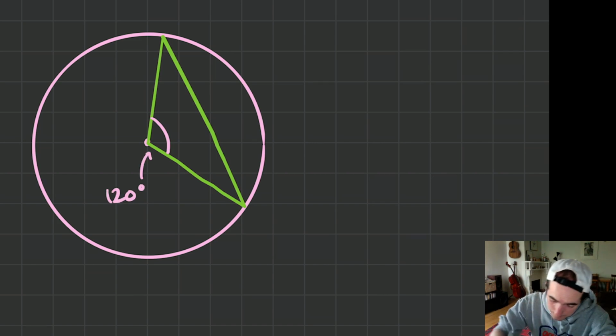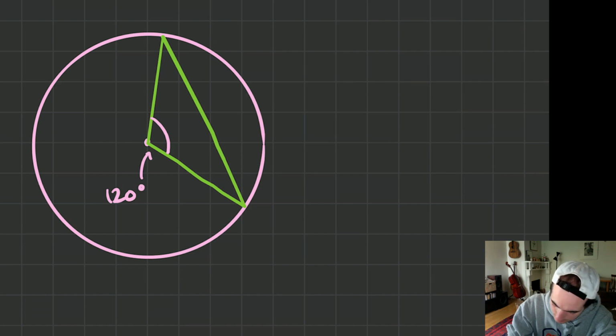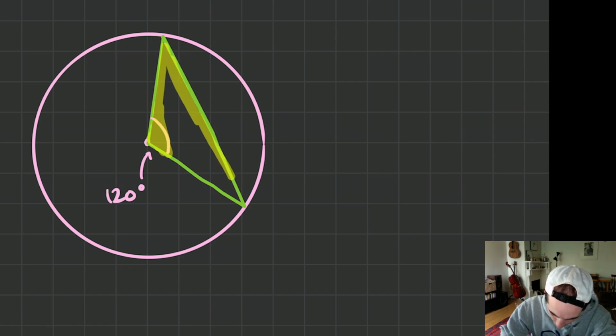I want you to find the area of this region right here. Or maybe I'll use the highlighter. Yeah, the highlighter is much better. So I want you to find the area of this triangle. That's your job.